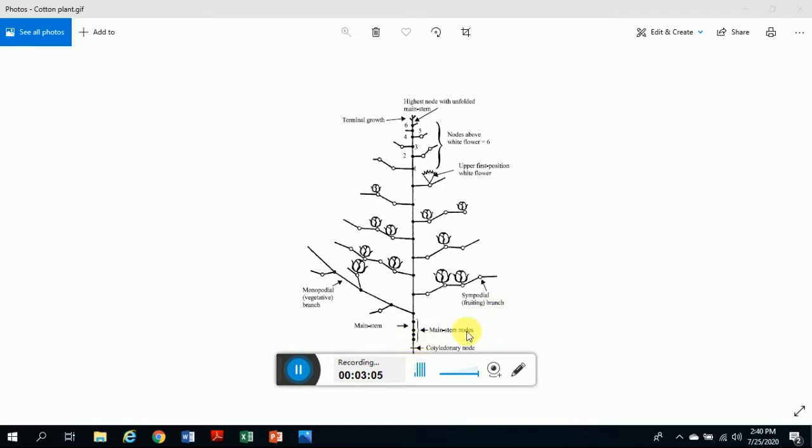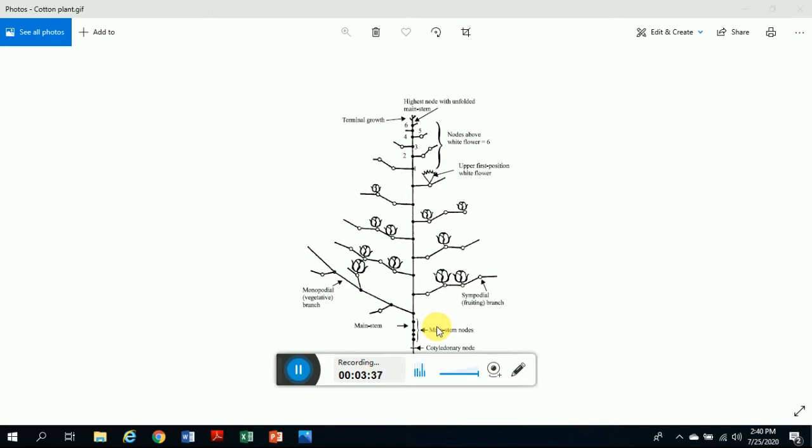So after multiplying the number of nodes with 2.5, we add 7 to this. Look at how the total number of days of the age of this plant will be. For example, it has 19 nodes. 19 multiplied by 2.5 is equal to 47.5 days.